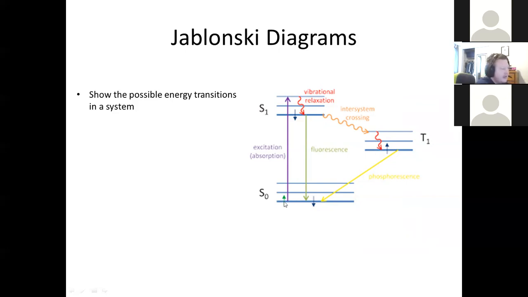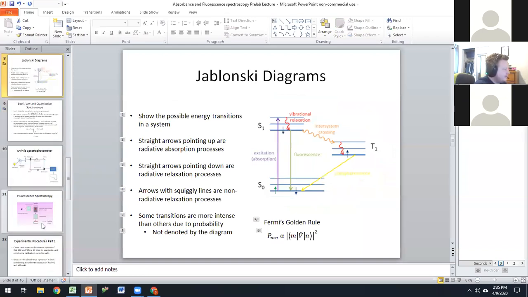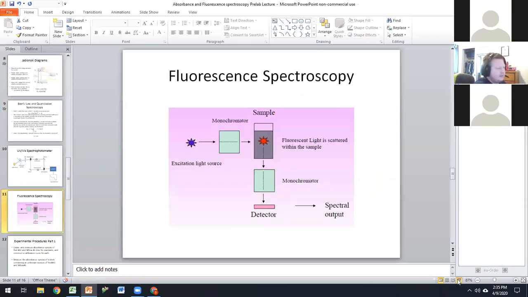So these are not the same energy, right? So essentially, just because we're putting in a photon that's 532 nanometers doesn't mean that the fluorescence coming out is 532, because there's energy loss through vibrational relaxation, right? And that's an important concept that I'll get to in a couple of slides here.